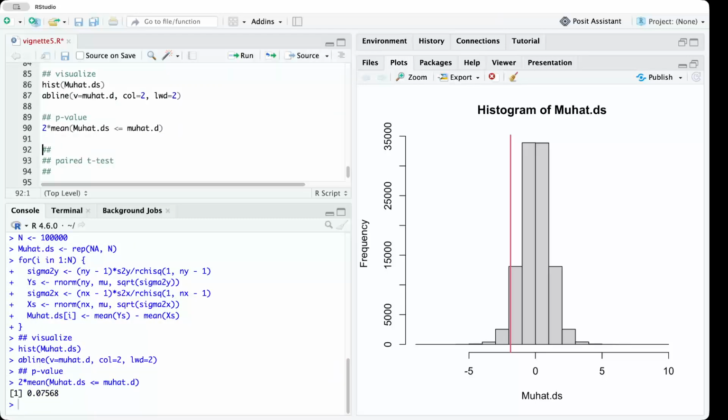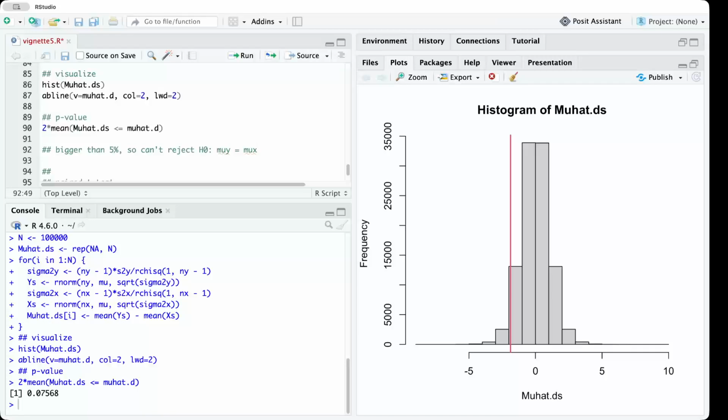And I get that that p-value is bigger than 5%. So bigger than 5%, so can't reject the null hypothesis, which is that mu y is equal to mu x. So it seems like the women in my class have the same average height as the women on the basketball team. It was a close call, but I can't detect the difference between those two statistically.